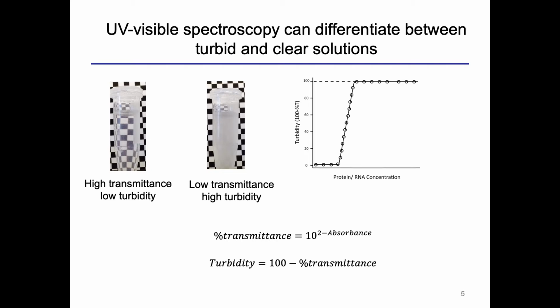You can differentiate by eye, but you can also use UV-visible spectroscopy to differentiate between these solutions. If you have low turbidity, you will have high transmittance and the light will pass through easily, and if you have high turbidity, you will have low transmittance and light will not be able to pass through easily.